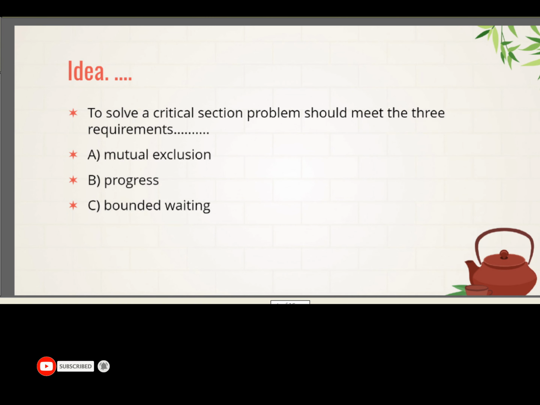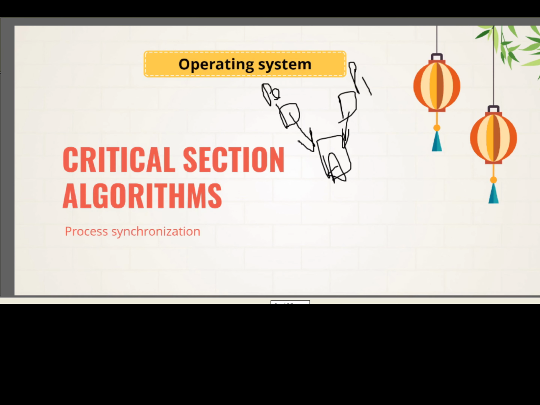First, what is the idea behind solving the critical section problem? What is the meaning of critical section? Basically, this is the segment of code where the process accesses shared resources, as we know from before. Suppose these are P0 and P1, and they want to share the resources.